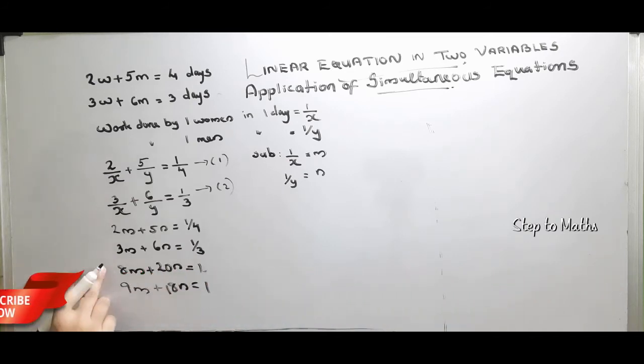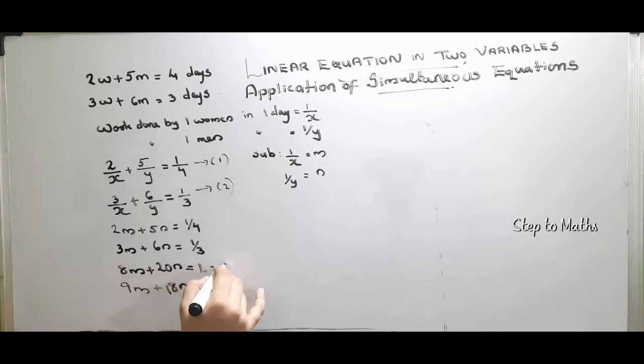Now we get two equations, and these two equations are in linear form. We can label them as equation 3 and 4. This is in linear form, and we can solve these two linear equations by any of the methods: determinant method, substitution method, or elimination method.